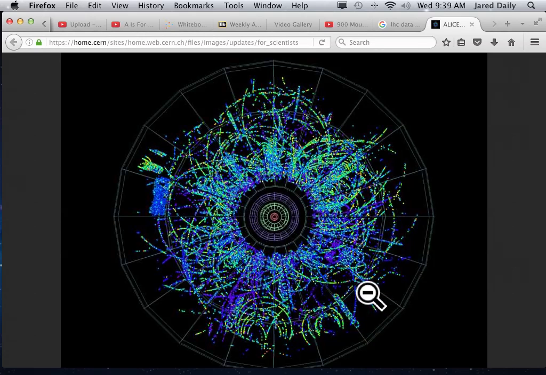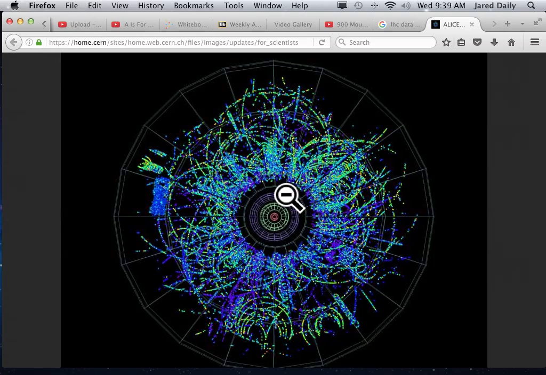Like over here, this blue one doesn't even start till it gets out to here. That means that either that particle couldn't be detected by all these other detectors, or it wasn't even created until it hit this detector. Sometimes the detector itself creates the particle because there's maybe some energy coming out that was undetectable, or some other reaction that happened lower down that created some energy, and that energy created a particle at this point.